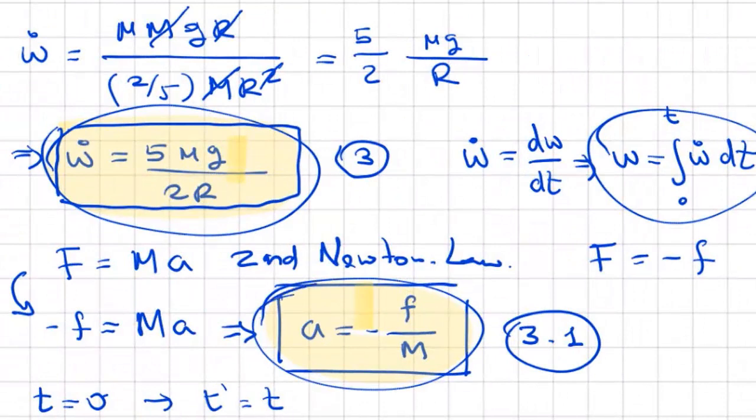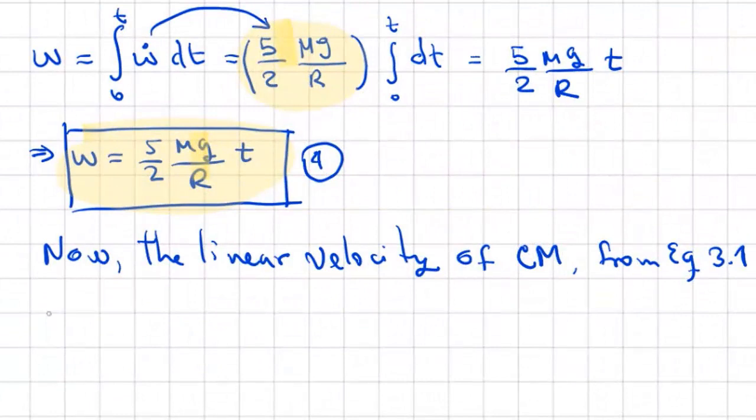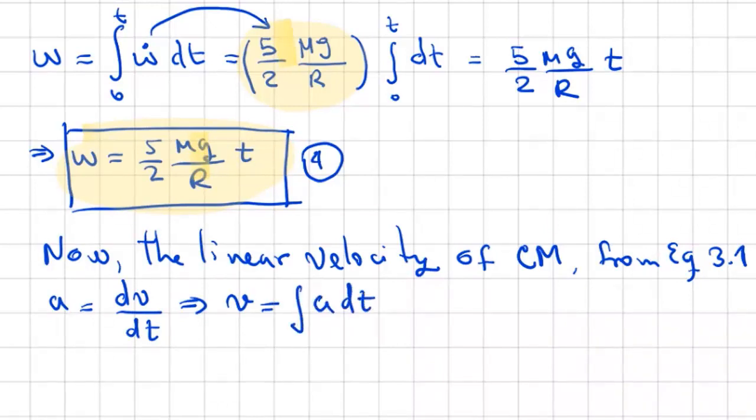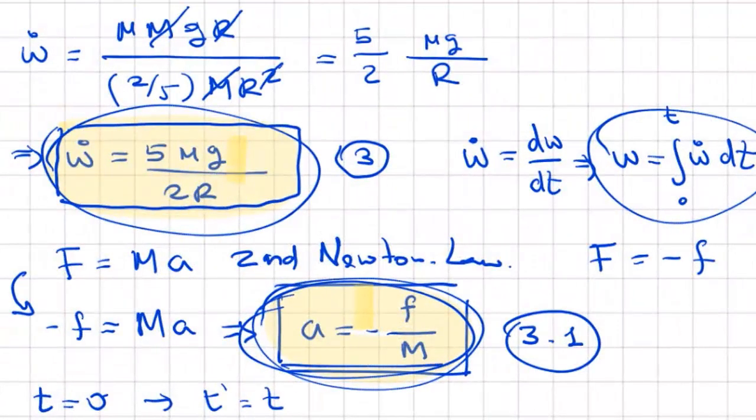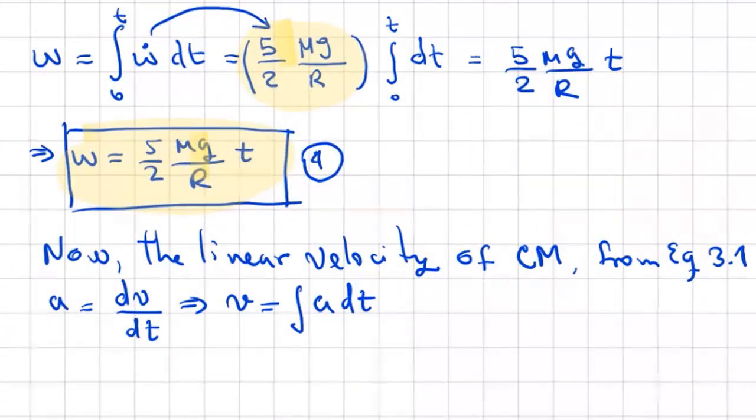It's right here. Let's write it down. We remember that the acceleration is equal to the derivative of the velocity with respect to time. Then the velocity is equal to the integral of the acceleration with respect to time. We are going to write the acceleration into this formula.